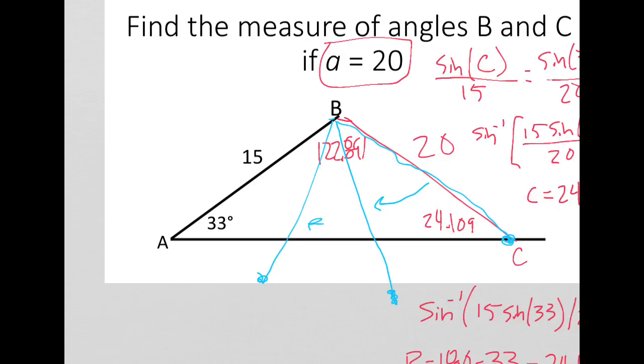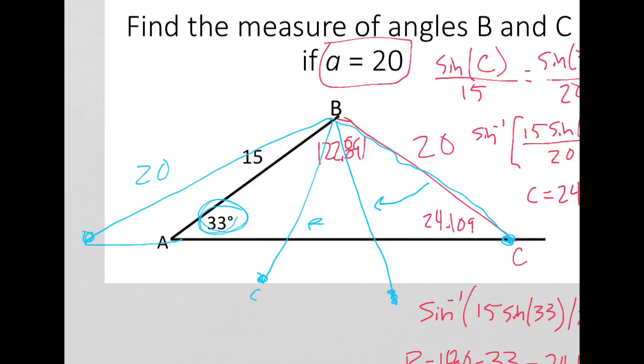If I wanted that point, C, to lie on that bottom line right there, I would only be able to do that if it went all the way over there, given that side length of 20. But now the problem is I'm no longer using that 33-degree angle, which means I can only have that one obtuse triangle.